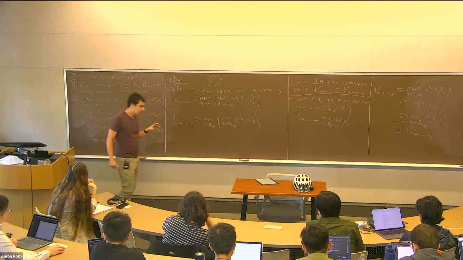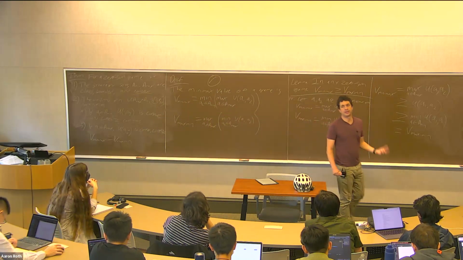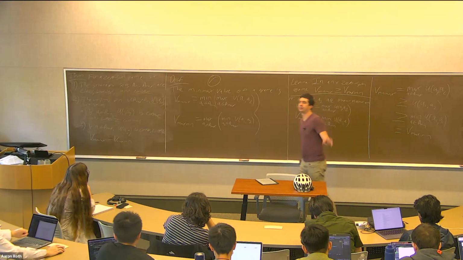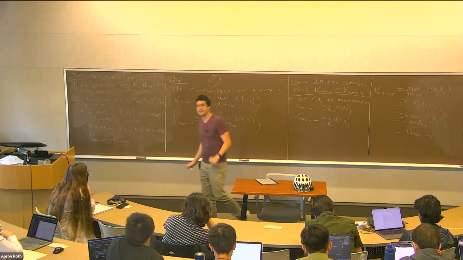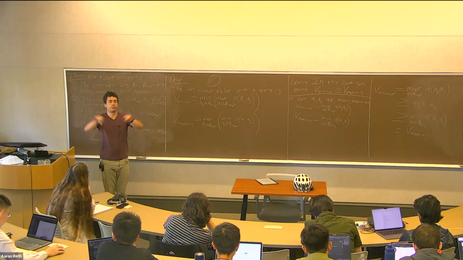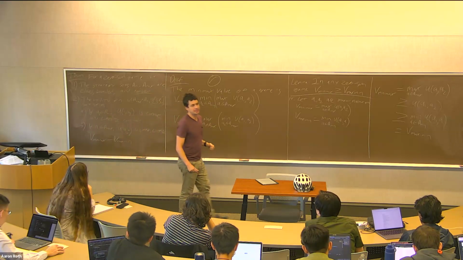Well, you say, okay, I'm going to expand everyone's strategy space to allow them to randomize. So I said previously, you had some finite number of actions like rock or paper or scissors. I'm going to take the convex hull of that set of actions, the set of all probability distributions over that set of actions, and call that your new action space.